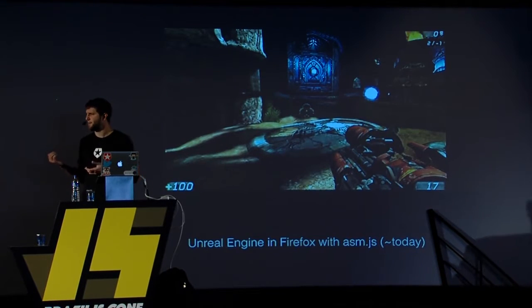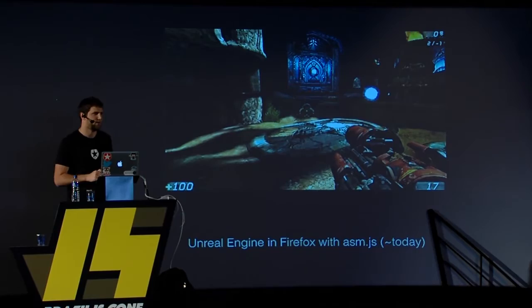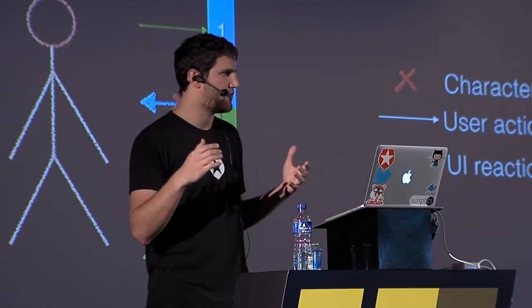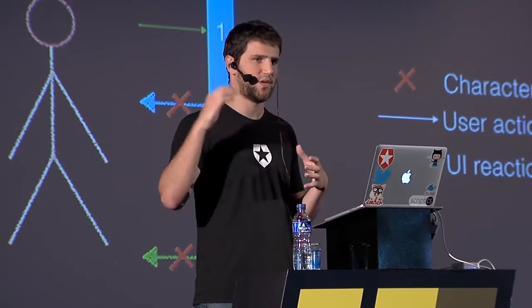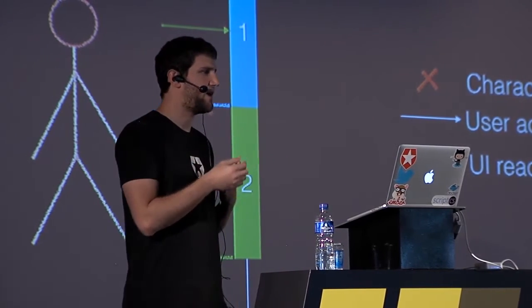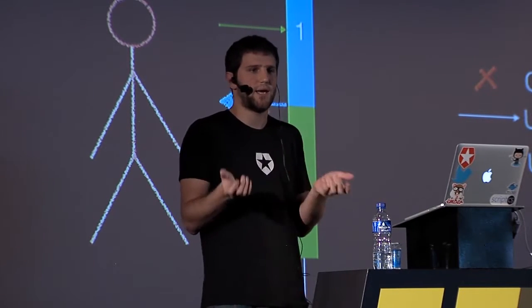The thing is that now we have games running with JavaScript, asm.js, Firefox, and Unreal Engine, all that kind of stuff. And games have a very different programming model and usage of the CPU. As you can see here, the rectangles, which represent processing in the CPU, are much larger, because games have to take into account graphics generation, physics simulations, and also how the AI is moving.